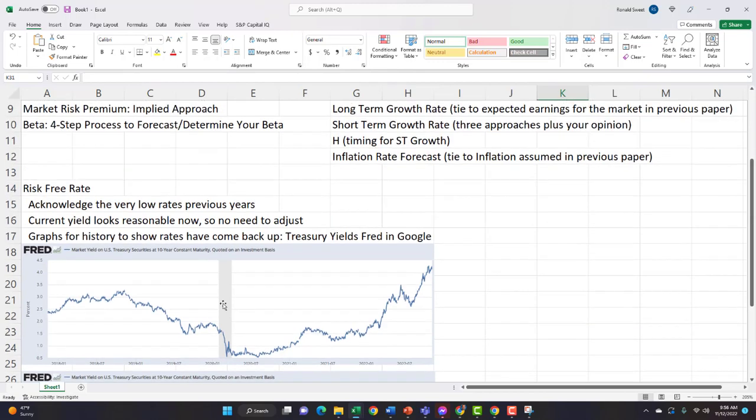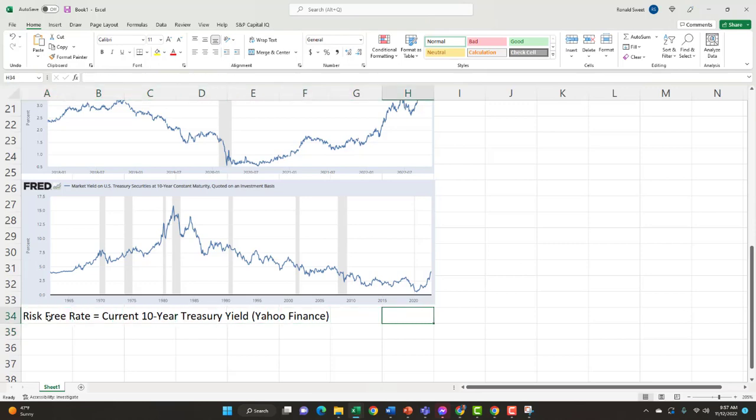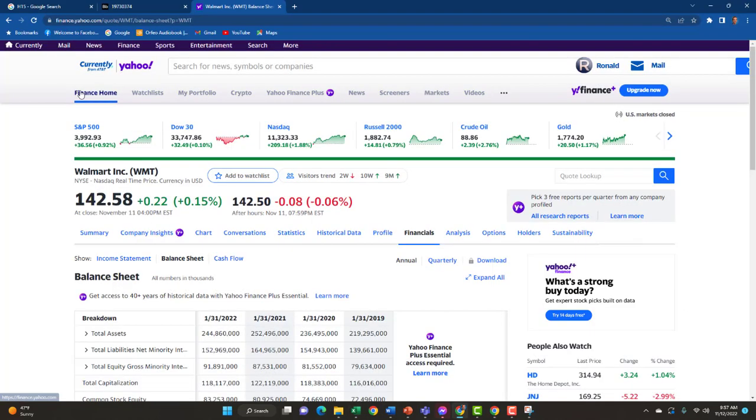And so my risk-free rate will just be the current 10-year treasury yield. I can get that from Yahoo Finance. Here's Yahoo Finance, and you just click up here at the top. There's the 10-year bond.